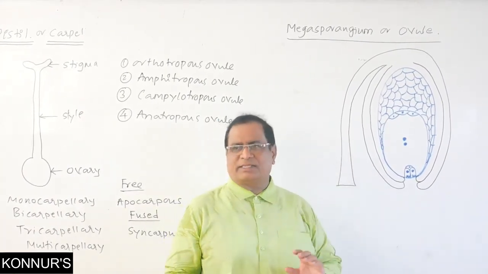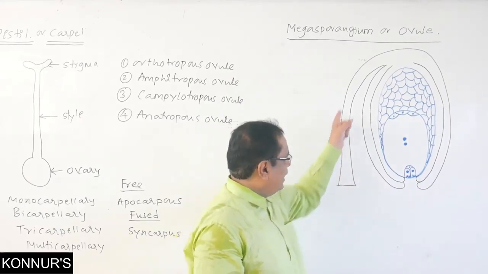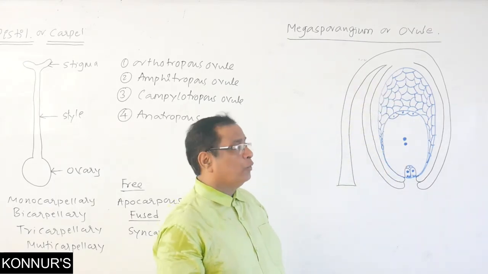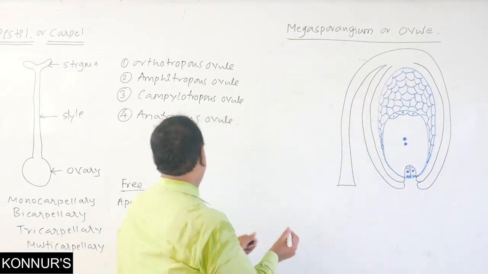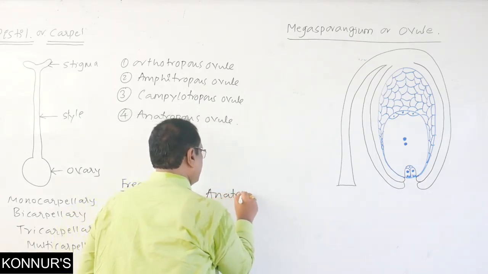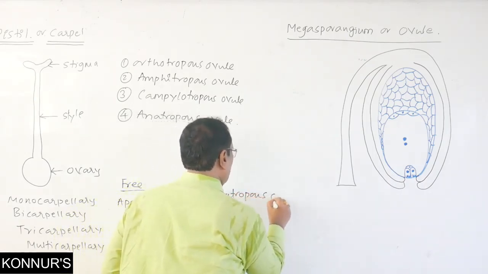80% of plants have a bent ovule, and such an ovule is named an anatropous ovule.